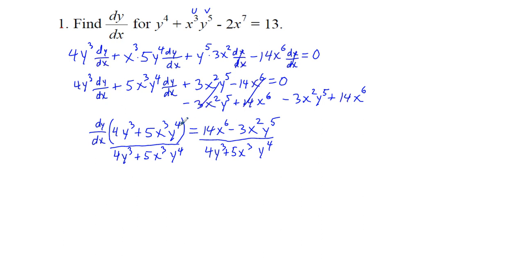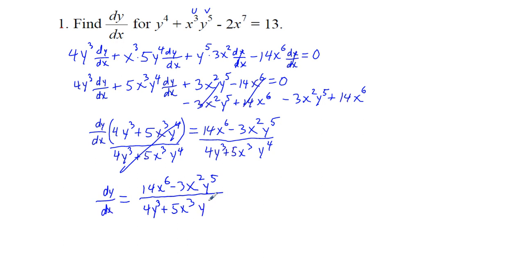And then we cancel that, and we have left dy dx is equal to 14x to the sixth power minus 3x squared y to the fifth power over 4y to the third power, it's supposed to be third power, plus 5x to the third power, y to the fourth power. So there that is, an implicit differentiation example.